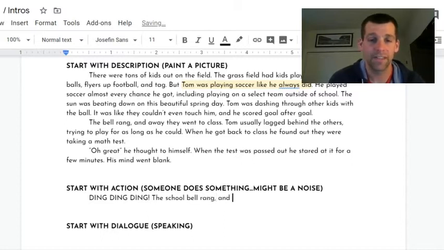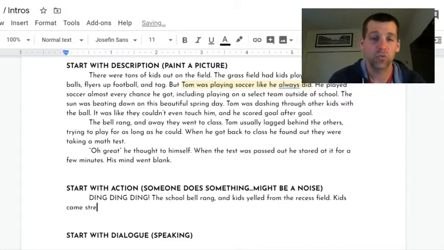The school bell rang, and kids yelled out from the recess field. Kids came screaming through the gates back to their classrooms.